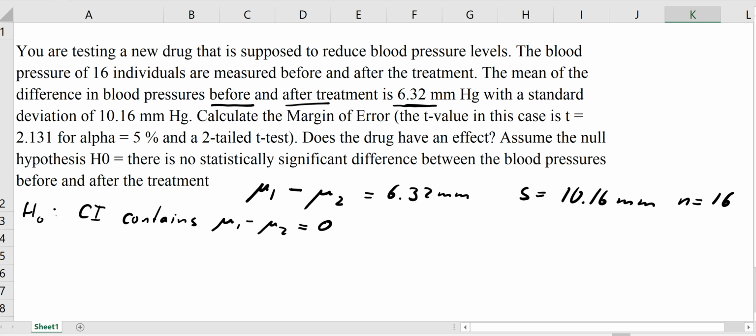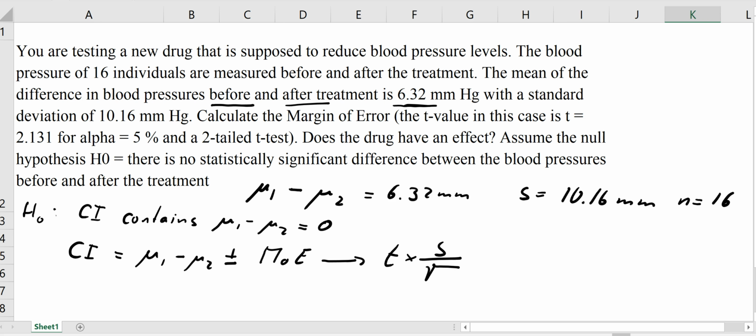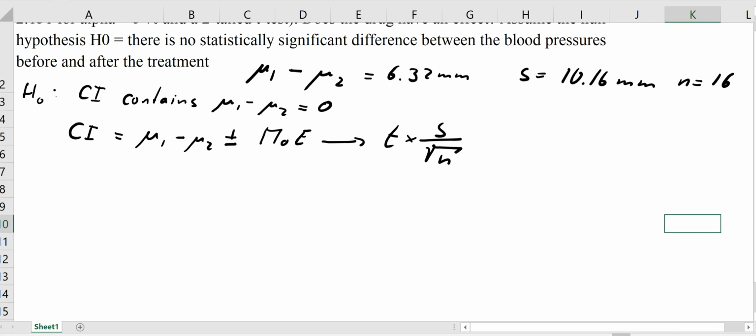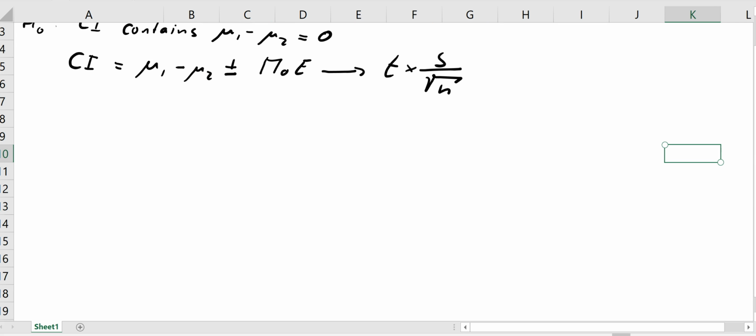Well, we know that for the confidence interval for the mean, the difference of means, we can calculate that as mu1 minus mu2 plus minus the margin of error. And in this case, the margin of error would be t times the standard deviation by the square root of n. So we can very easily plug in our numbers.